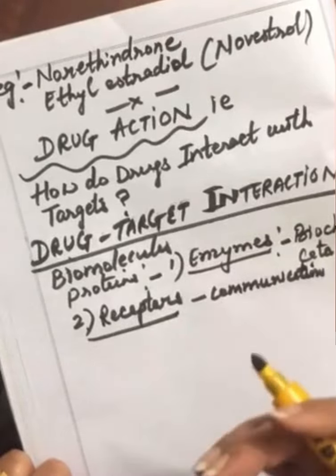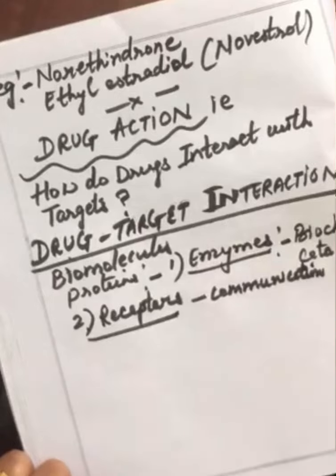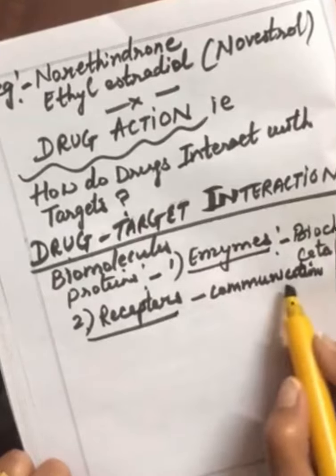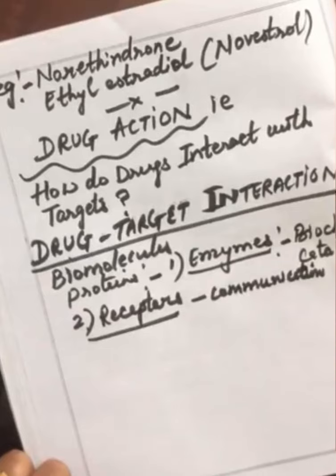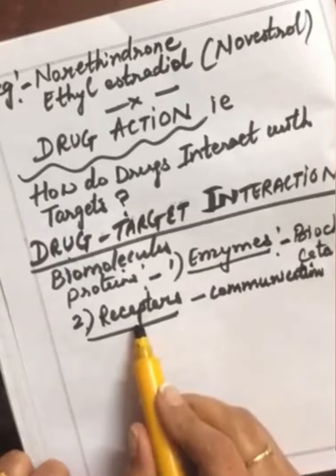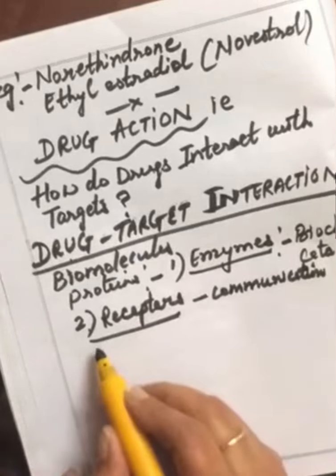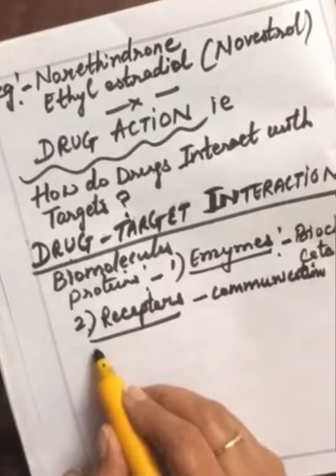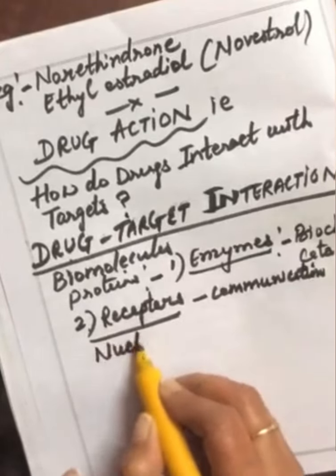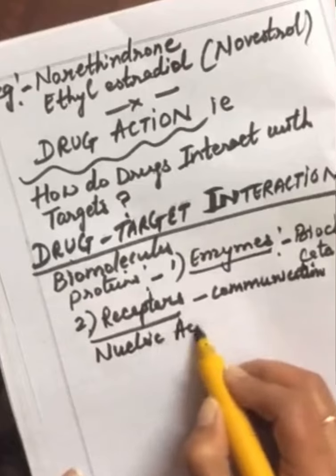So who tells us to withdraw the hand? That communication goes through the hand to the brain, and the brain tells us to withdraw the hand. This communication system works through receptors. Then another example I'm taking of biomolecules is nucleic acids.